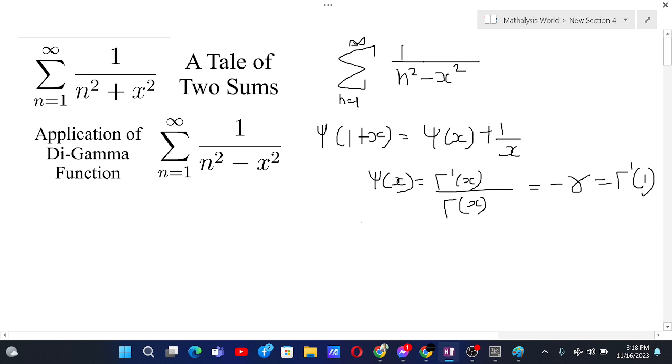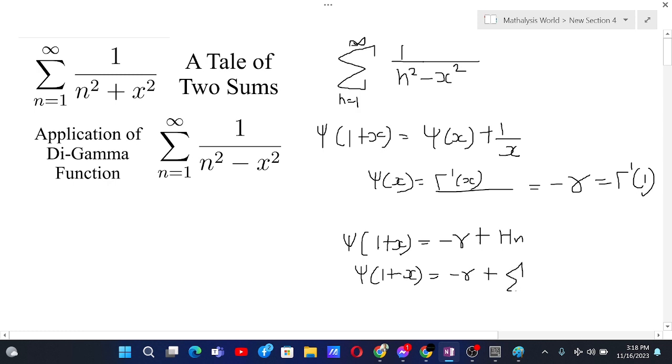But for us, the important property is that digamma function of 1 plus x equals negative of the Euler-Mascheroni constant plus Hn, and this can also be written as negative of the Euler-Mascheroni constant plus the sum from n equals 1 to infinity of 1 by n minus 1 by n plus x. So this property is going to be helpful for us right now.